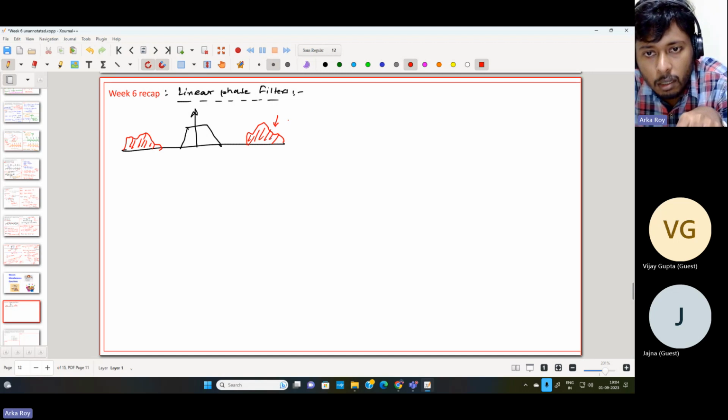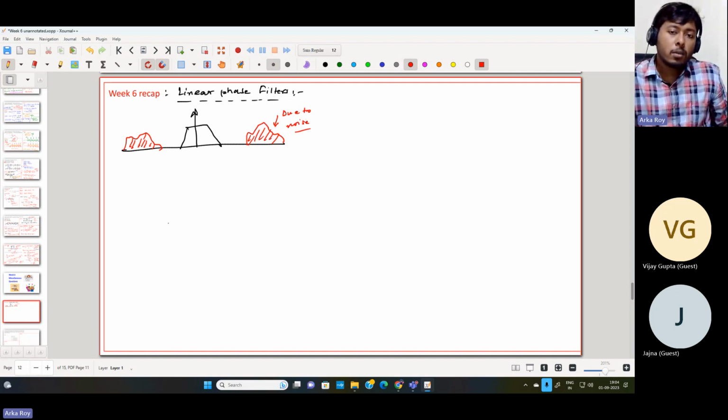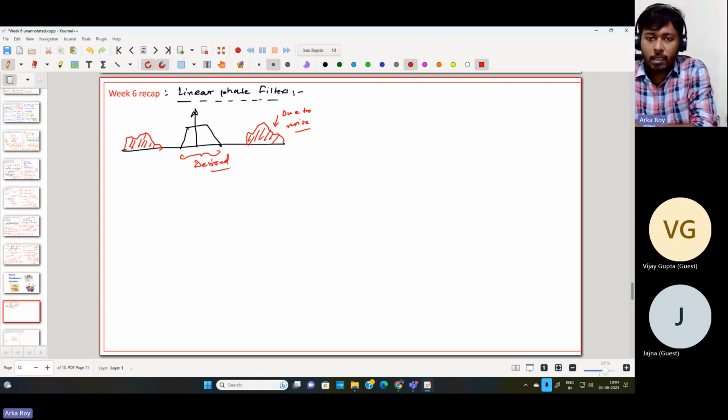Now, this particular region is the desired output, so we need some mechanism to delete these unwanted components, the red components. For this application, we need what are called filters.